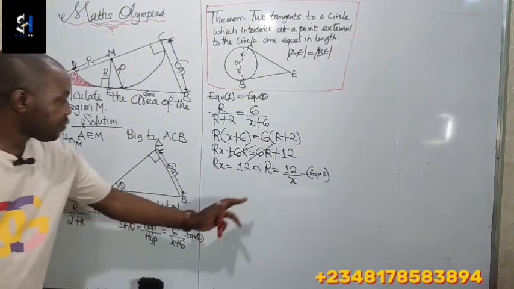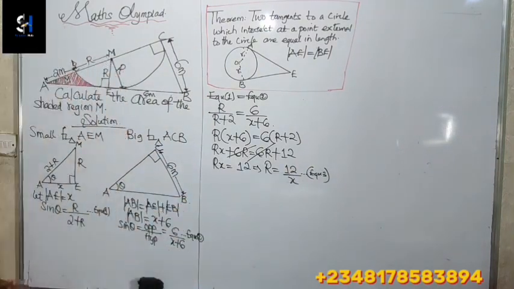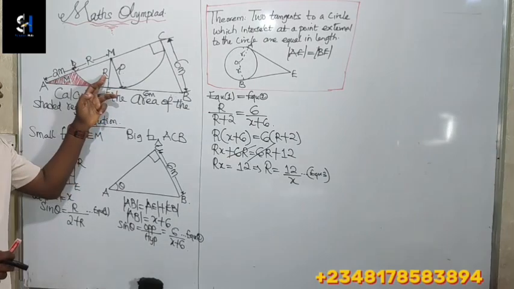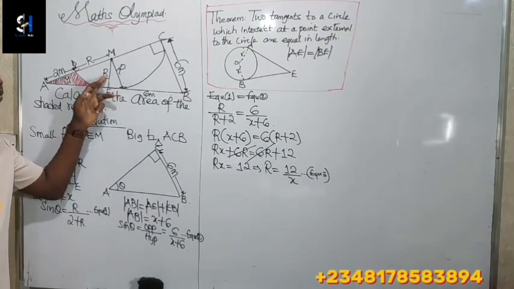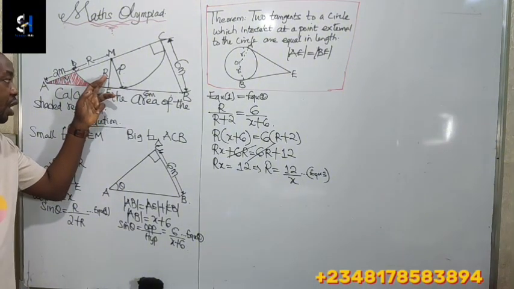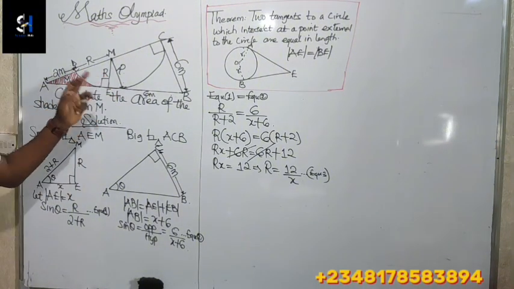Now, we have r equals to 12 over x. Remember, we want to find out the value of r because our first goal is how can we find the value of r. When we know the value for r, then it makes the work easier.